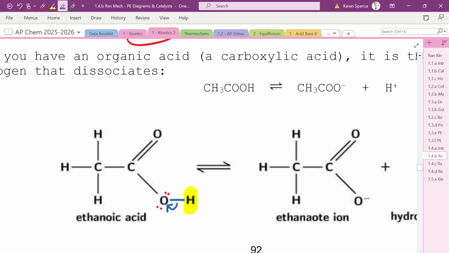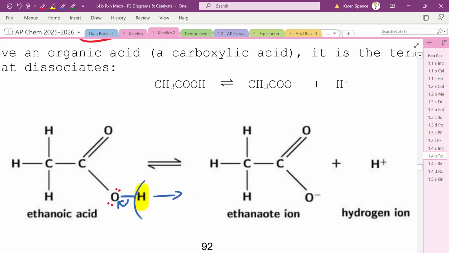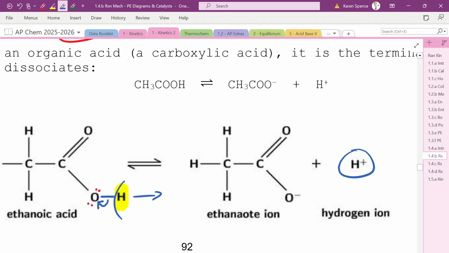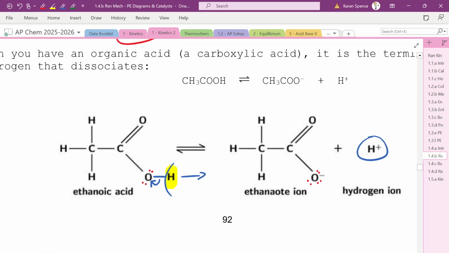Those electrons from the bond jump onto the oxygen, and I will fall off, leaving the oxygen with now 3 lone pairs, as opposed to 2 lone pairs that it started with. So why is it that hydrogen that comes off and not the other 3 hydrogens, the ones attached to the carbon?